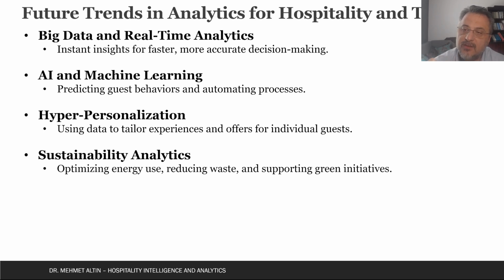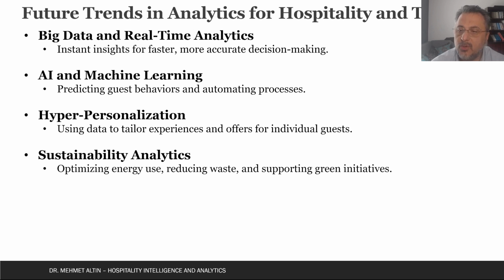There are several emerging trends that are transforming the role of analytics in hospitality and tourism. Big data, similar to what we talked about in different chapters, and real-time analytics are enabling businesses to gain instant insights and respond to changing conditions in real time. For example, hotels can adjust rates or staffing based on live booking data, right?